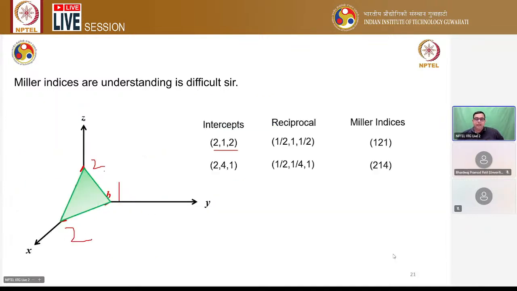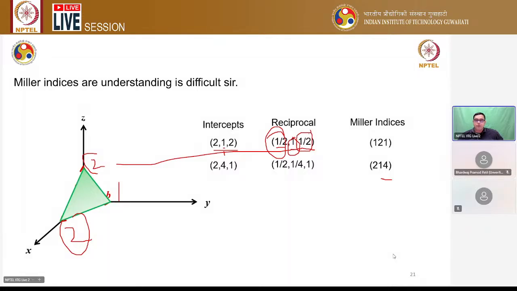So if I take the reciprocal, I have 1 by 2 on the x-axis, then 1 by 1, which is 1, on the y-axis, and again the intercept is 2, so the reciprocal is 1 by 2.